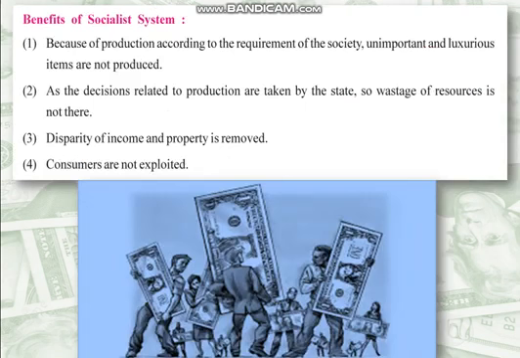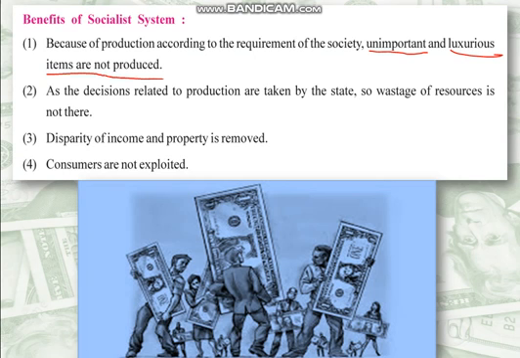What are the benefits of socialism? Same as the market system or the capitalist system, we saw the features of it, and we also saw how it is beneficial. What are the benefits of it? Let us see. First, because of production according to the requirement of the society, unimportant and luxurious items are not produced. This is very important.